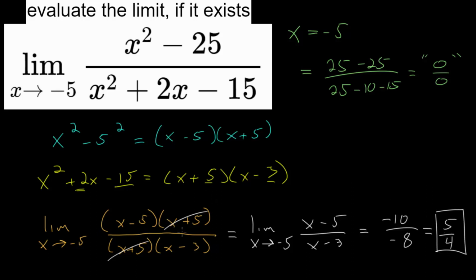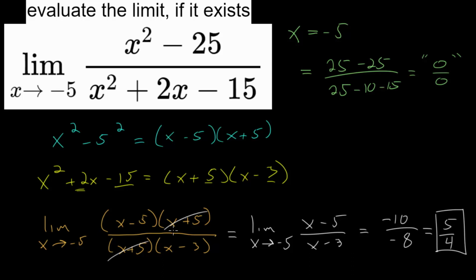And essentially what we have is a rational function which has a hole when x is equal to -5. It's not in the domain, it's not defined there if this was a function, but it's not an asymptote like an x value of +3 would be. When x is +3, we would have a vertical asymptote.